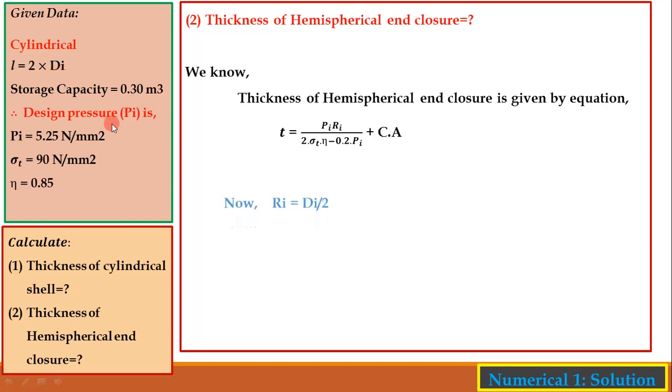We have just calculated di, so Ri is di upon 2. So 523 upon 2 is equal to 261.5.